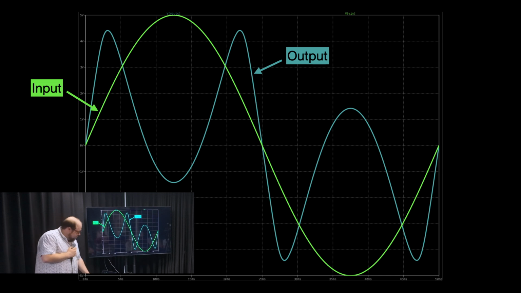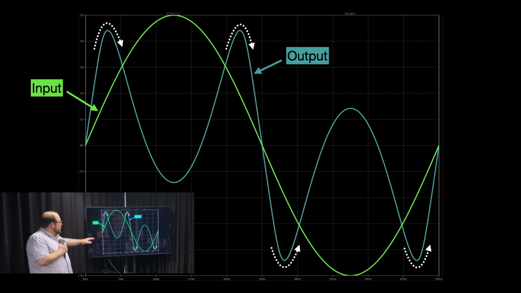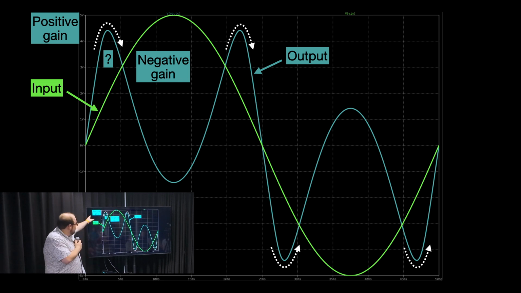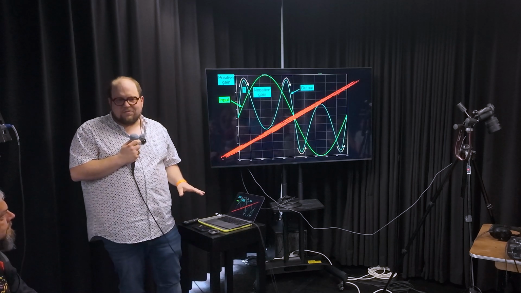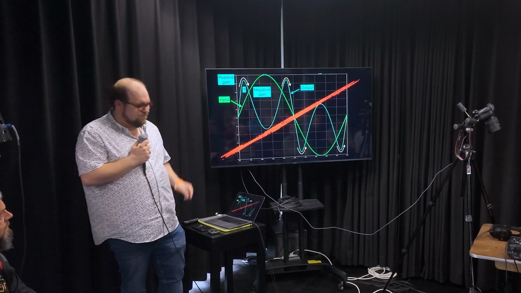So my thought process at the time was like, look, these bends here, there must be some kind of gain thing going on where this gain is being flipped around, and as a result, this wave shape is being flipped around too. So going from positive gain to negative gain. However, I'm going to tell you today that this is not true, and I'll show you why.